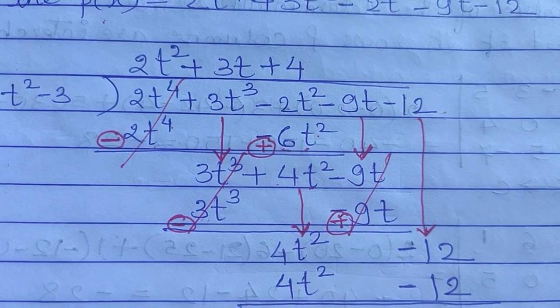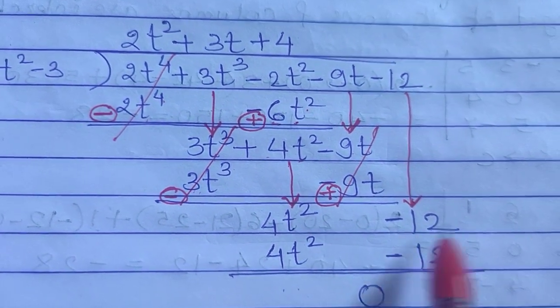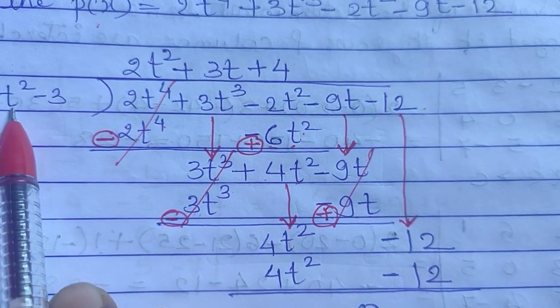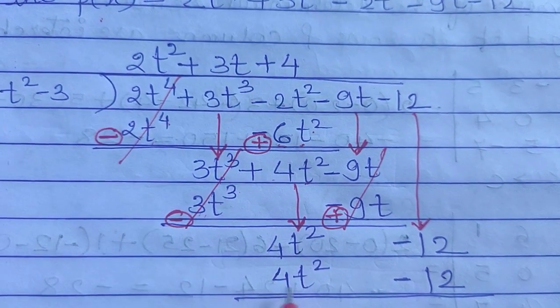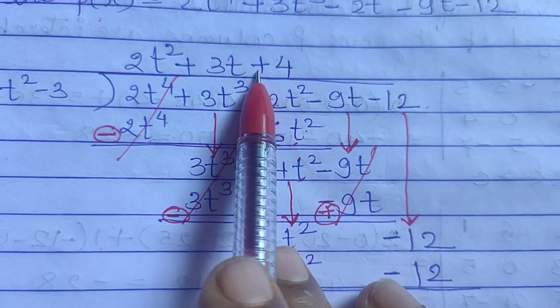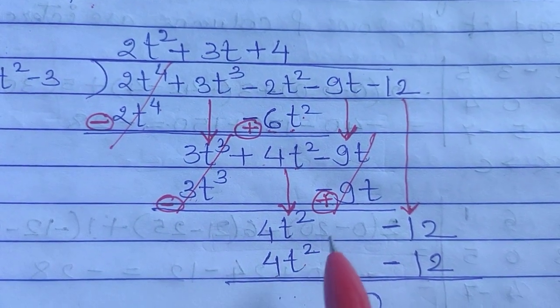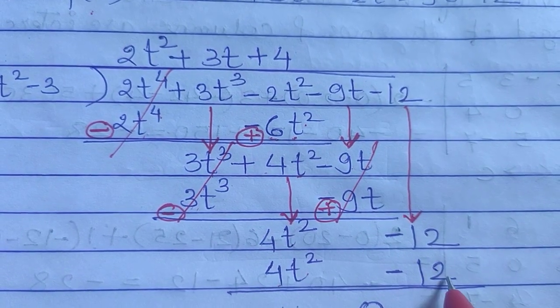Okay, I have written here minus 12. So 4t square, and now this is minus 12. The t square degree is the same, so we can multiply by 4. So plus 4, because the coefficient here is 4. Plus 4 into t square will be 4t square. We get the same term. 4 into minus 3 is minus 12.